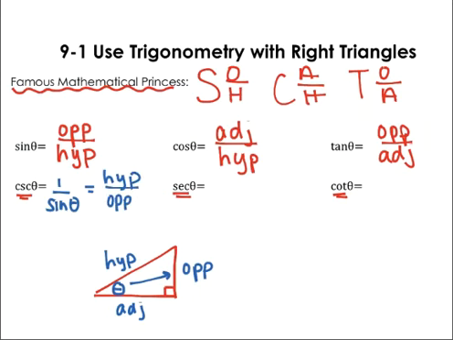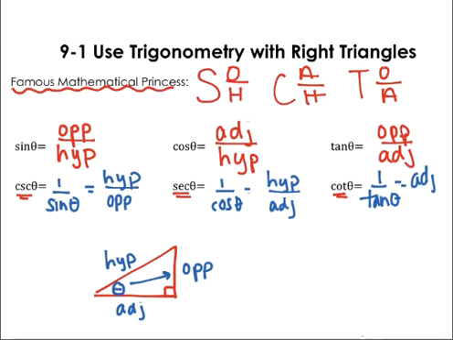Secant is the reciprocal of cosine, so this would be the hypotenuse over the adjacent. And cotangent is just the reciprocal of tangent. Since tangent is opposite over adjacent, cotangent is the adjacent over the opposite.